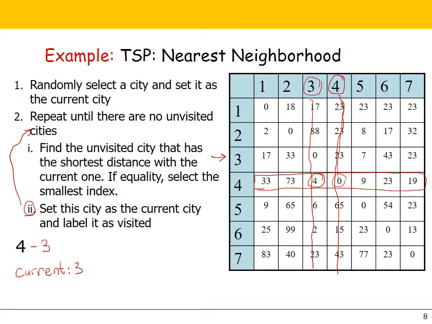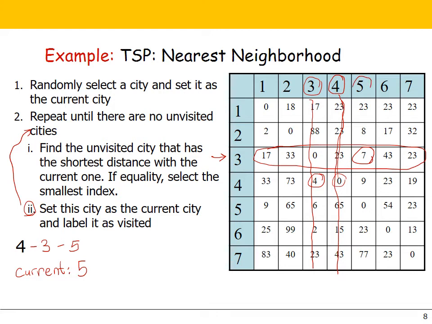So we shall look at this row, and in this row, the minimum unvisited one is this one, which means that from 3 we will move to 5, and our current becomes 5 now.